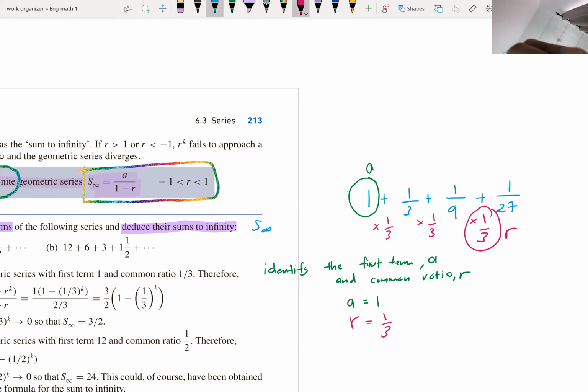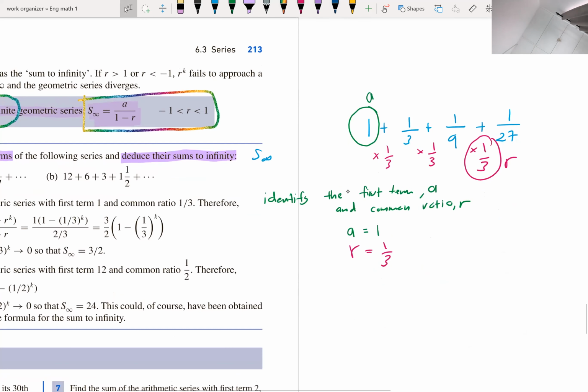Then we write the formula: sum to infinity equals A over 1 minus R. Plug in A is 1 and R is 1 over 3.